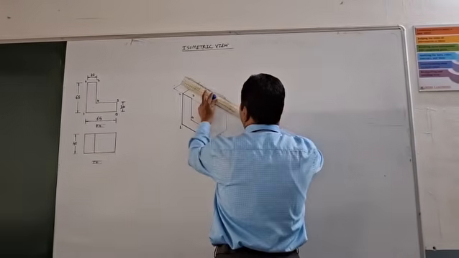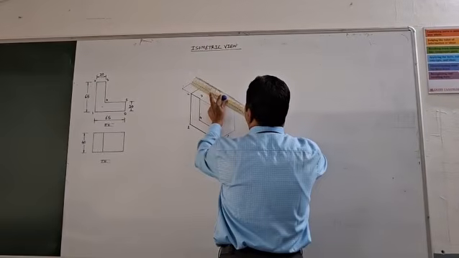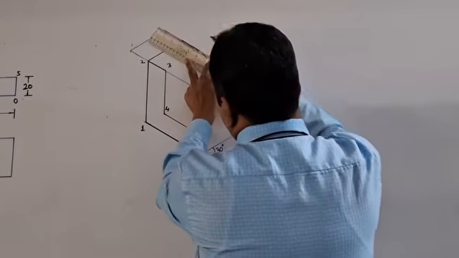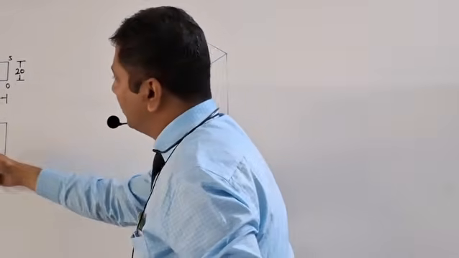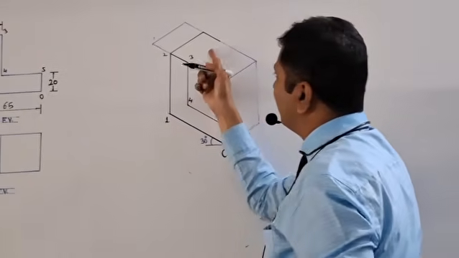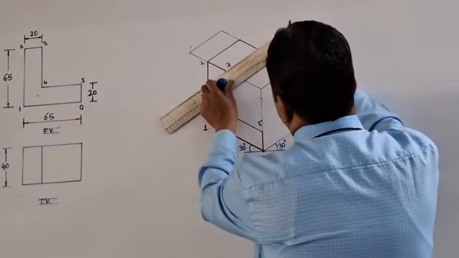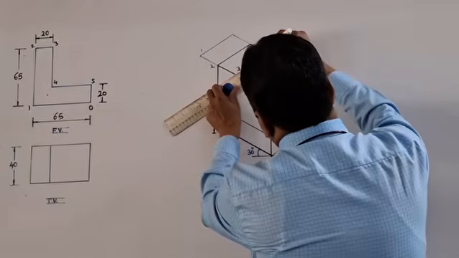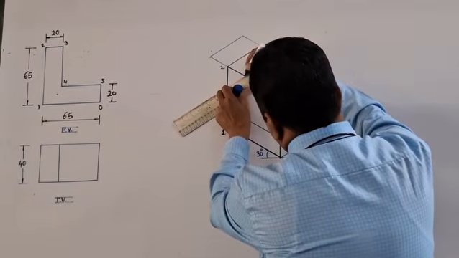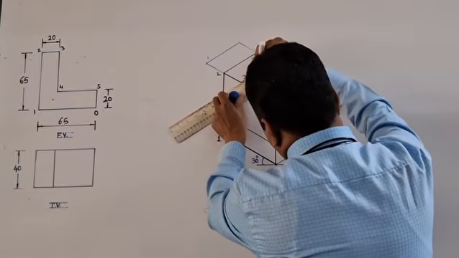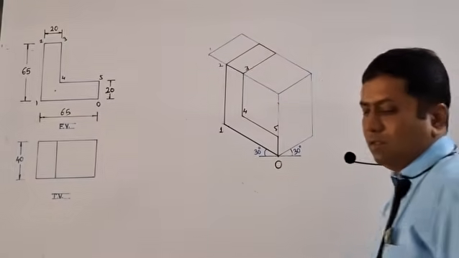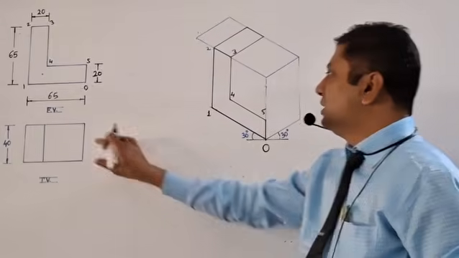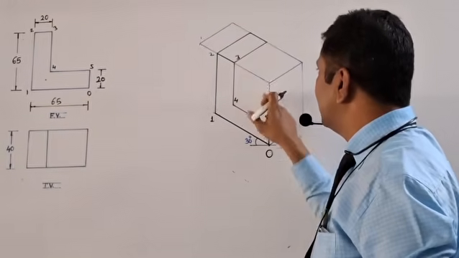Now you have to come here this way. This is 20. Then from this point to this point, how much? 40. Again width. So come this side. Like this.